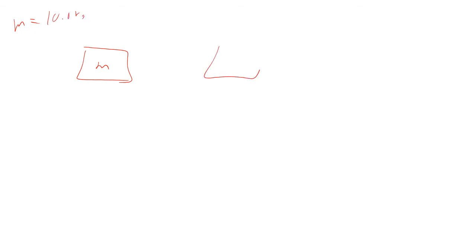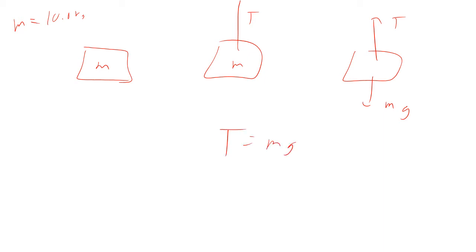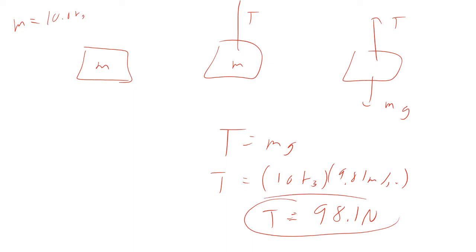Now if this mass is hanging by a single rope or string or something like that, then we have tension up, we have mg down, so the tension equals mg, and so that means that the tension equals 10 kilograms times 9.81 meters per second squared, so the tension is 98.1 newtons. Again, nothing new and different here. We started this idea back in chapter 5.